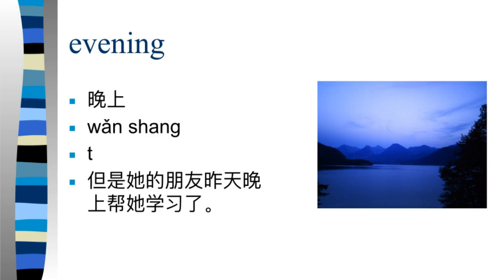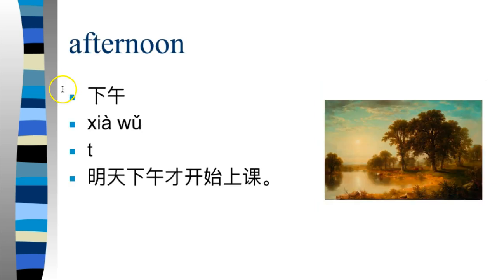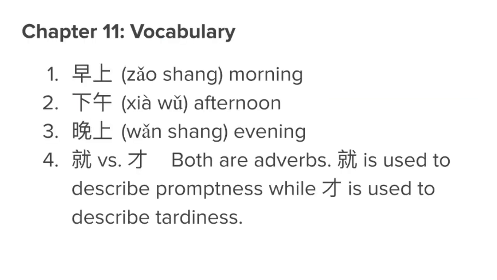There's a third one called 下午, 下午, which you learned previously in level 6, which describes the afternoon. So taken together, we have 早上, 下午, and 晚上, which kind of covers all of the times of day.